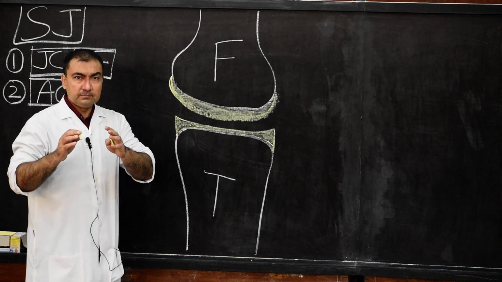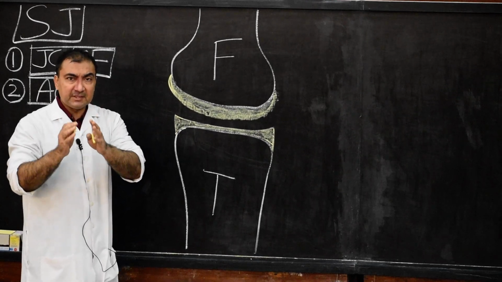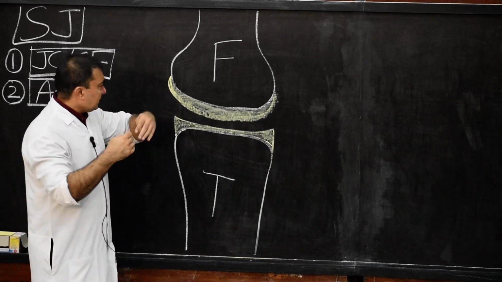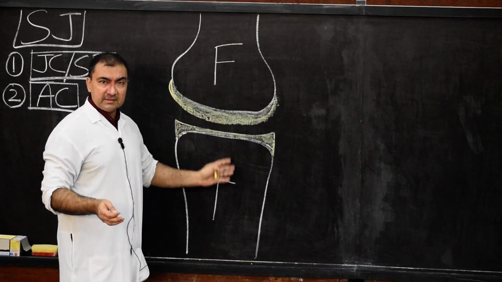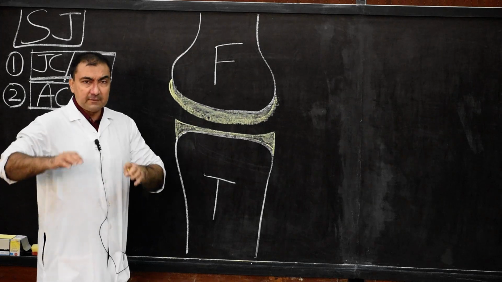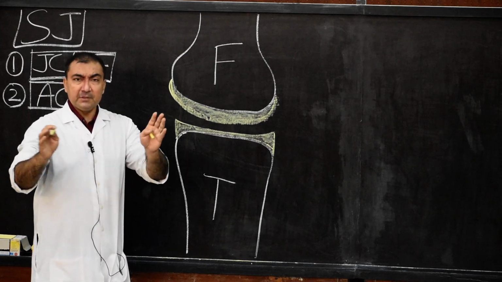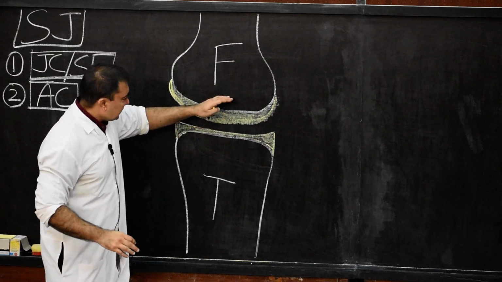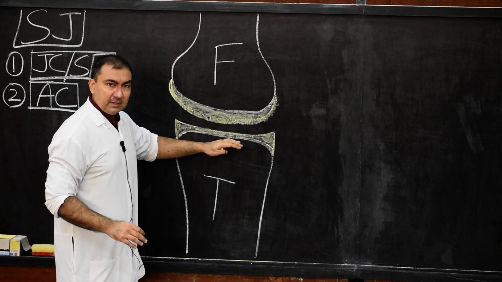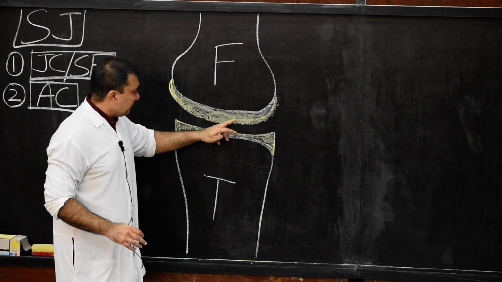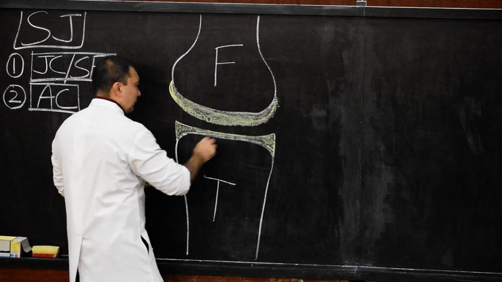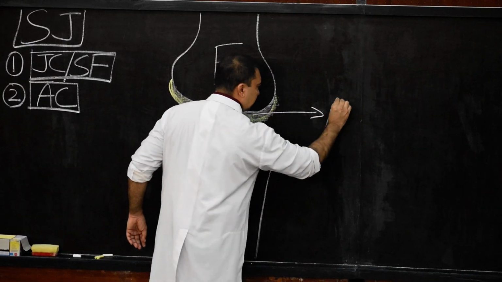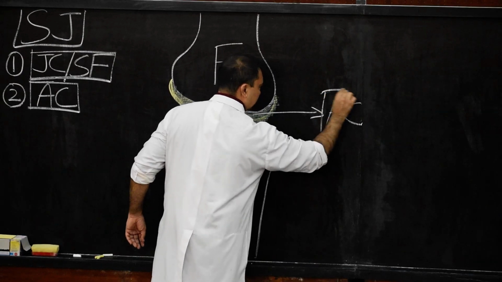In short, wherever there are synovial joints, let it be humerus and ulna and radius instead of femur and tibia, the articular surfaces of the two opposing bones will always be covered by articular cartilage. So here we mark this as articular cartilage.